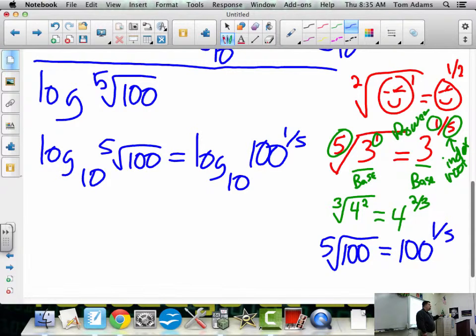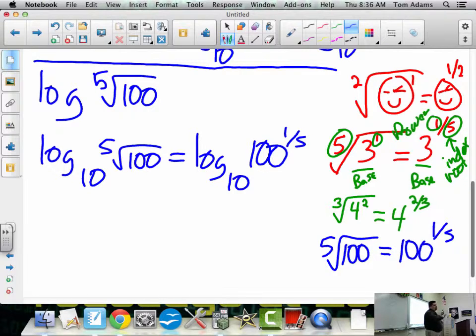That's okay, we're almost there. So I got to figure out how to rewrite that. What do I want this 100 to look like? What do I need to use those properties? Yes? Do I need to take the square root of 100 now? Get it back to 10 or something?